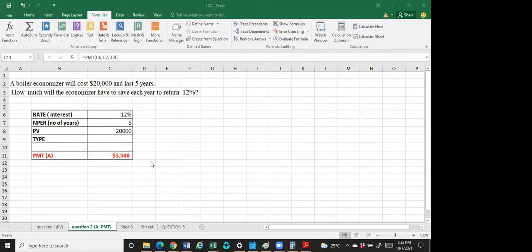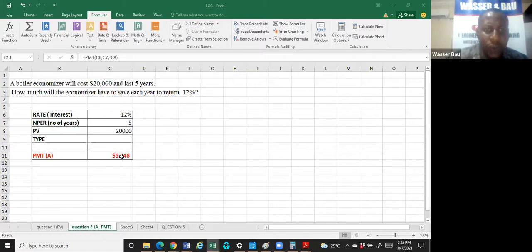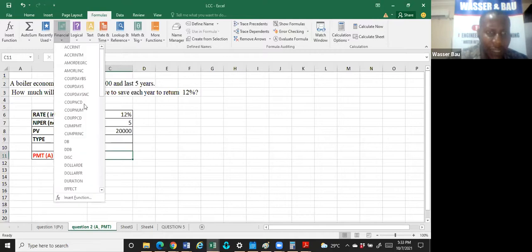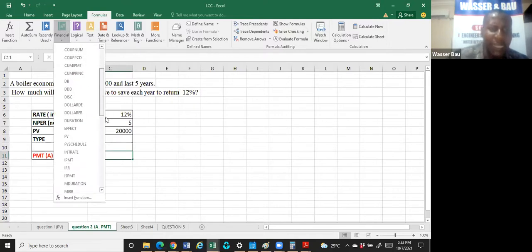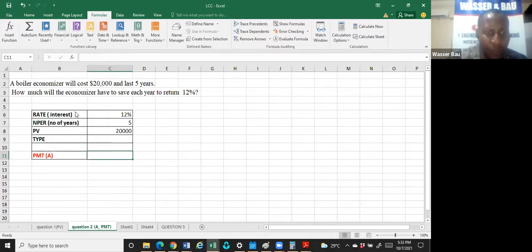Okay. Can you explain again? This one is hard. Okay. This is the project. We've analyzed this one. So what I need to do is I go to formulas, I go to financial. I'm looking for the annuity, A, and in Excel it is represented as PMT. So I go down and look for PMT.